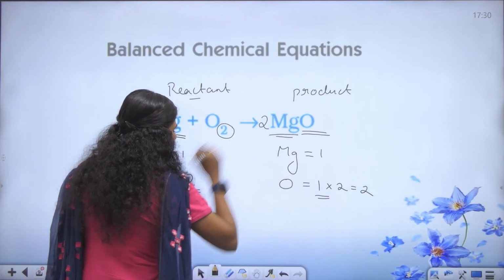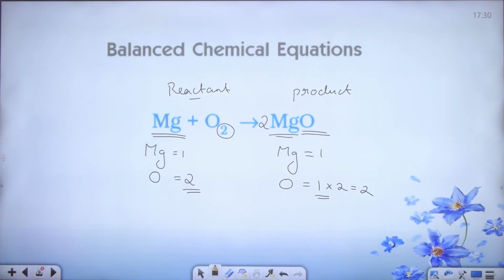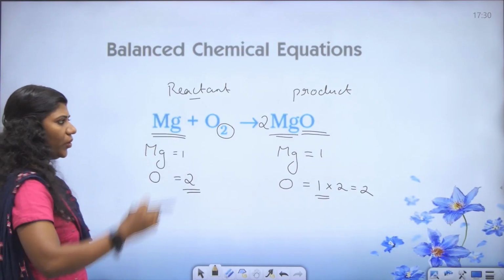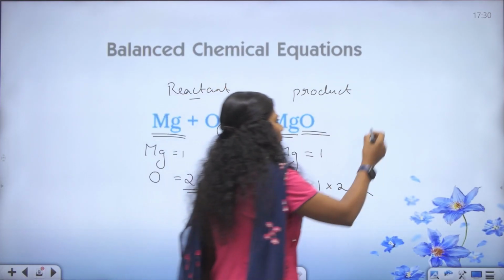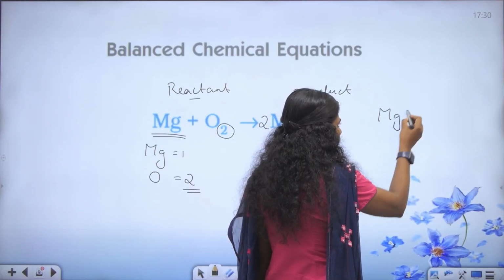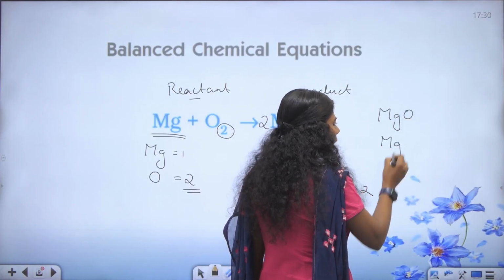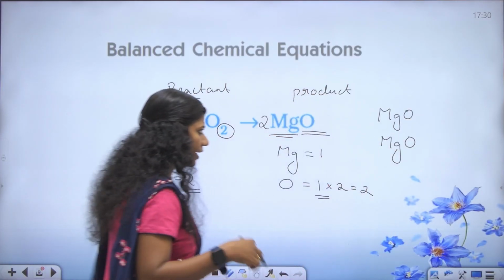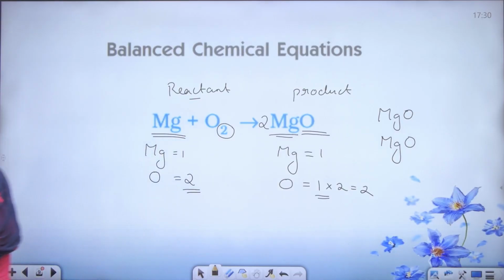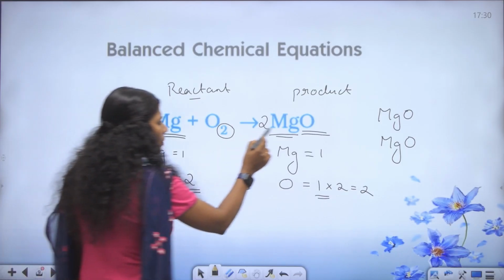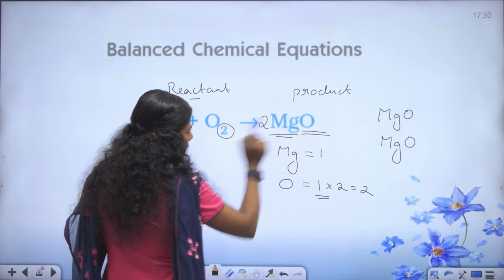Then count the oxygen atoms in the product side. 2 MgO means 2 molecules of magnesium oxide, MgO plus MgO. That means 2 magnesium atoms and 2 oxygen atoms.